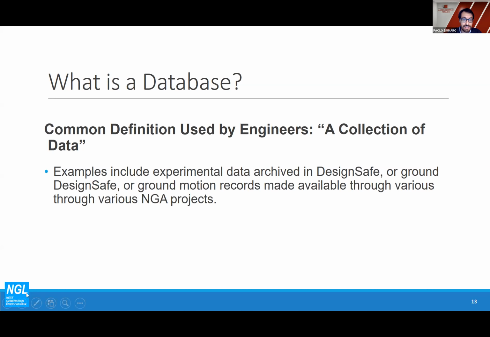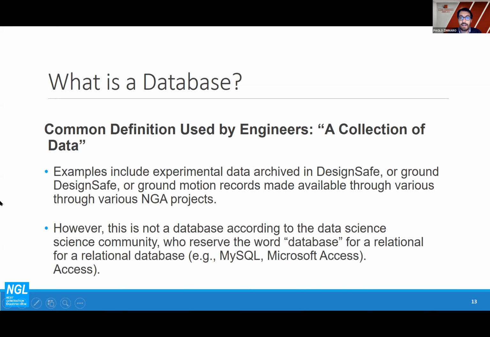What a relational database is, is something that has relationships between individual pieces of information that are then organized into tables. This is what the data science community calls a database, and it's usually written in MySQL, Microsoft Access, and so forth. And so what we are going to talk about today is a relational database.